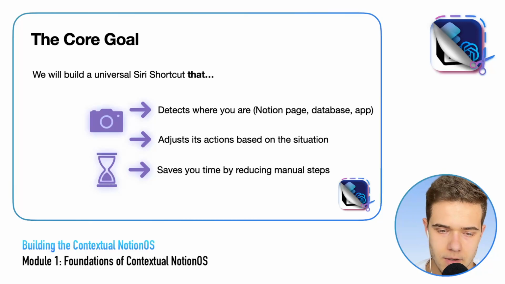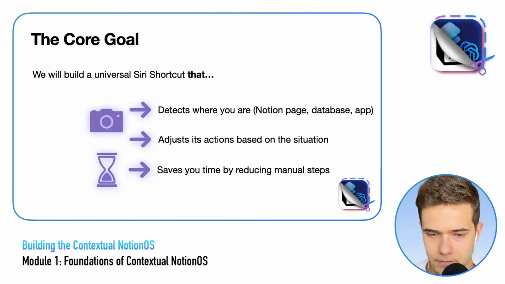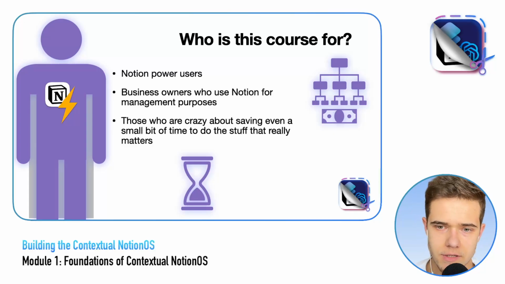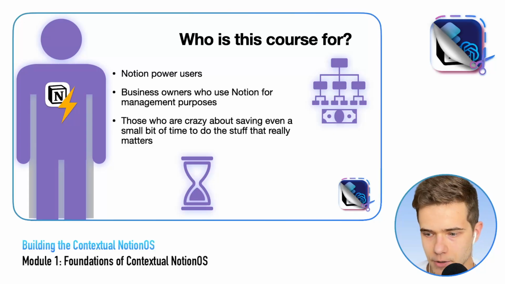And also, as a great bonus, it will save you time by reducing the manual steps. If you were using manual steps through the UI in Notion before, you will reduce them now and be more efficient.